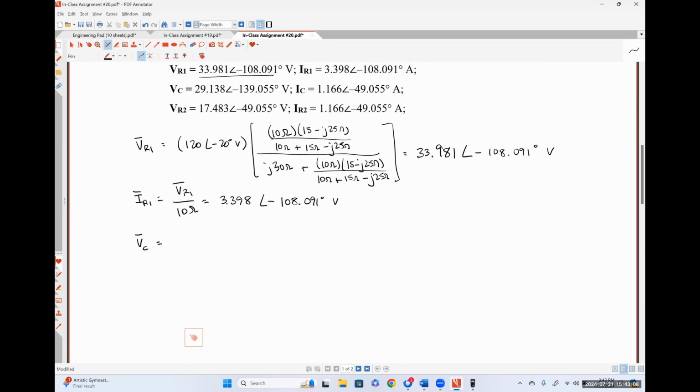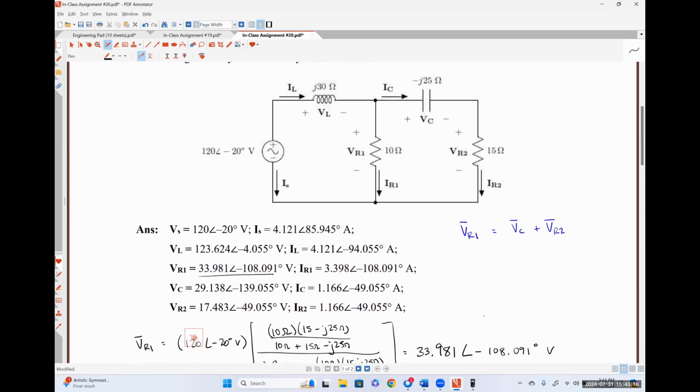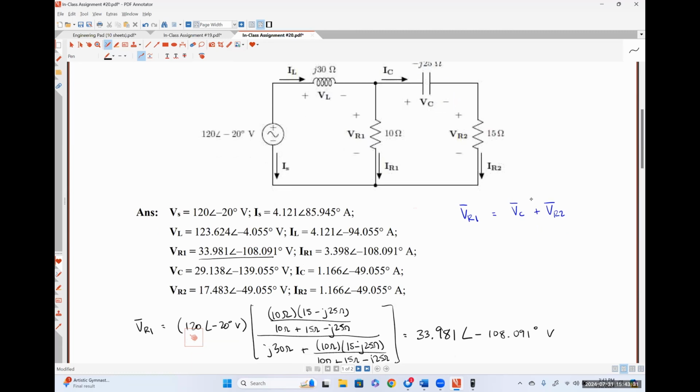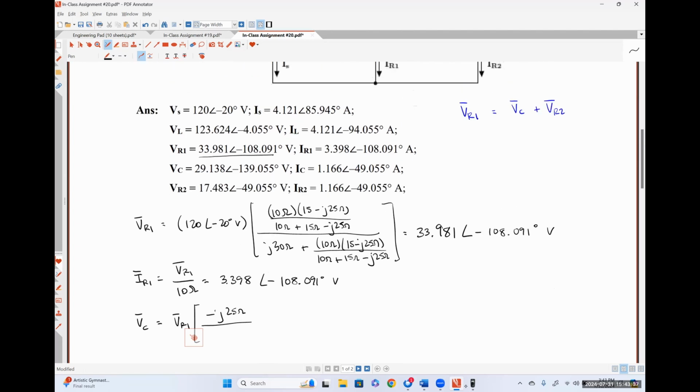So VC would be VR1 times, so what should go in the numerator, if we're finding this voltage using voltage division? The negative J25. Negative J25, absolutely right. And what would go in the denominator?